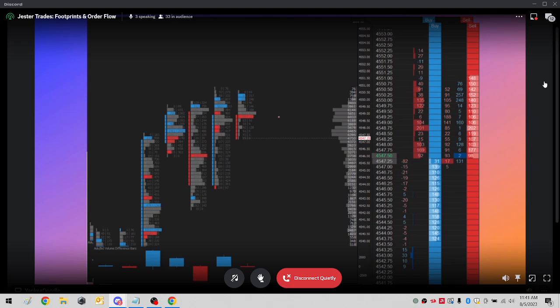And let's see. Yeah, if we look at the footprint though, we can see the little blue bars here. That shows that we were absorbing right when we got up near 50 right there. This is a 5-minute footprint, and it kept on stair stepping slightly higher, but there wasn't a lot of juice behind it.